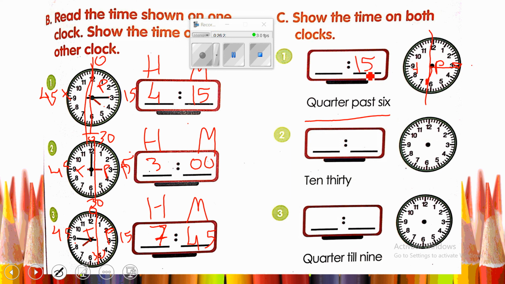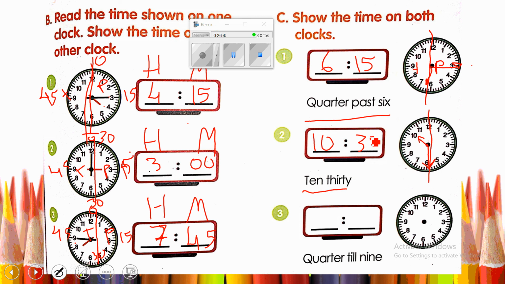Perfect, 15. And how many hours here? We have 6. Now 10:30. Remember, 30 means what? Halfway. So here are the minutes. Is the hour on 10 or between 10 and 11? No, between 10 and 11. So here is 10:30.